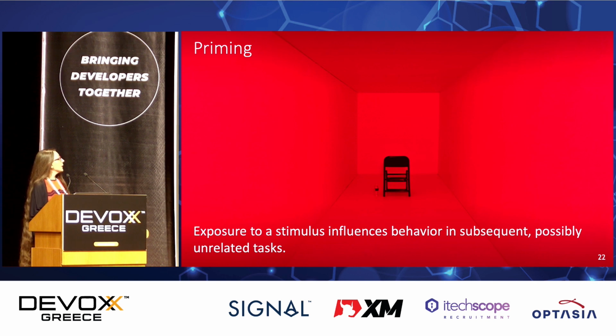Now, let's delve into priming, a phenomenon with significant implications for UX and design. Priming refers to how exposure to a stimulus affects the behavior of users in subsequent interactions, even if the activities that they are performing are totally unrelated to the original stimulus.